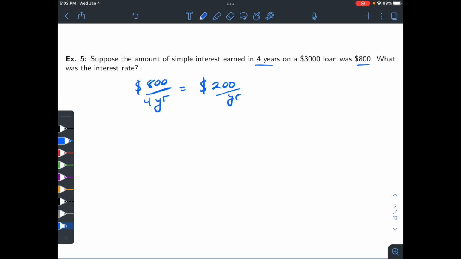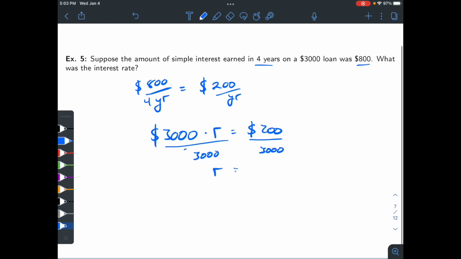And then we just need to say, what percent of 3,000 is equal to 200? So really I'm saying 3,000 times what percent is equal to 200. And I can solve this by dividing both sides of the equation by 3,000.